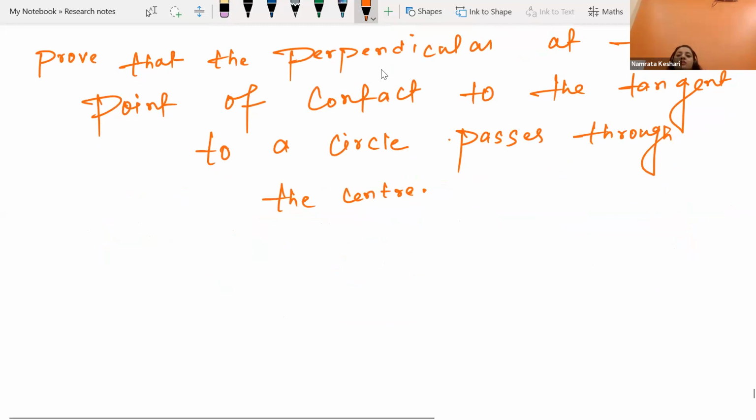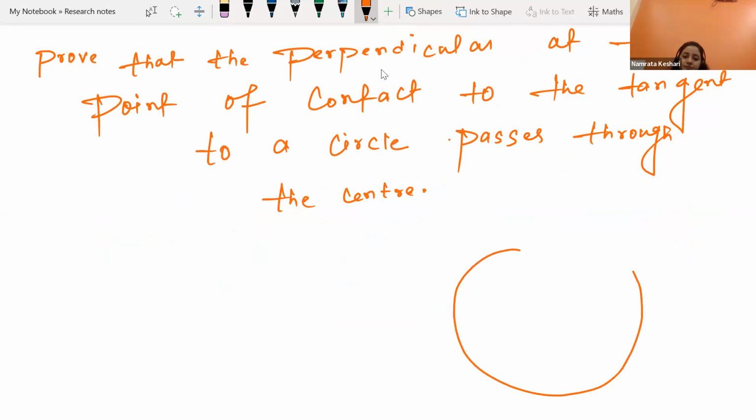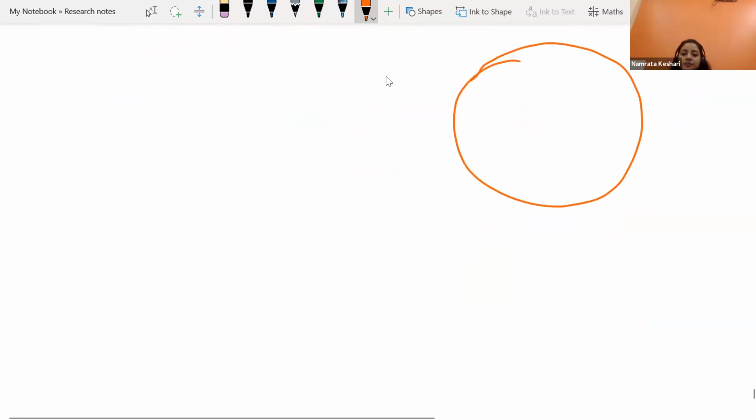Let's understand what the theorem says. Prove that the perpendicular at the point of contact, when we are drawing a tangent. Suppose we are drawing a tangent. This is the tangent PQ.